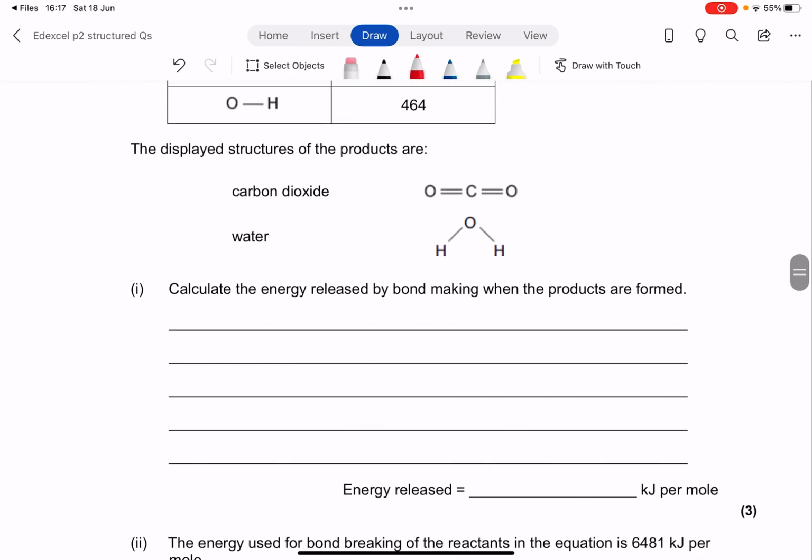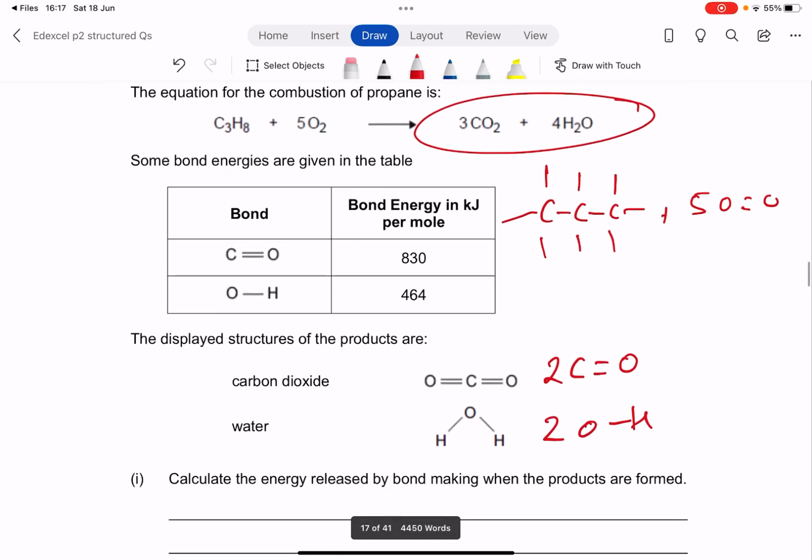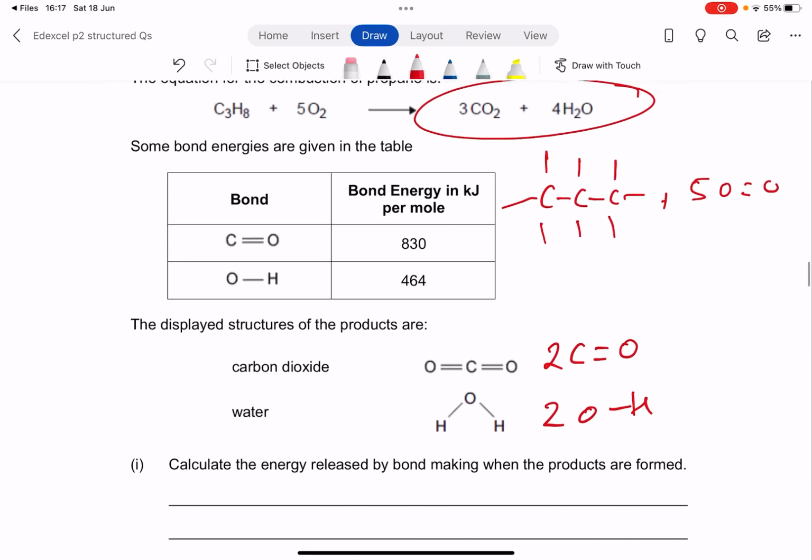It says calculate the energy released by bond making when products are formed. So you've got 2 CO bonds there, two OH bonds there. In total, you formed 3 carbon dioxides, so that's in total 6 CO bonds. You formed 4 waters, so that will be 8 OH bonds.